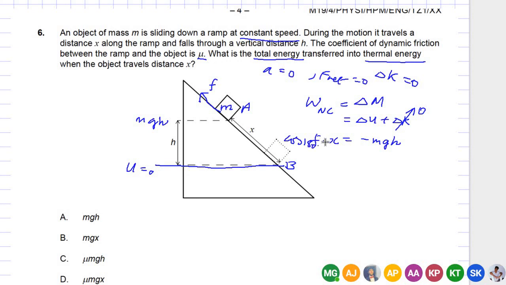So force into displacement x into cos 180 will be a negative number. The friction force will be some newtons, x will be some meters, cos 180 will be minus, so a negative number is equal to a negative number, it makes sense. So the answer: the magnitude of work done, what he means is total energy transferred in terms of magnitude, so that will be mgh.